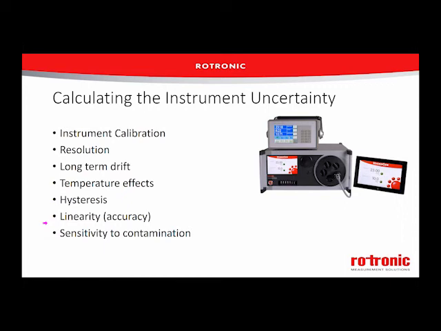Linearity of the instrument may come into play, and quite often linearity gets included in an accuracy specification. So a manufacturer will say, well, an instrument has an accuracy of 0.8%, and all that's saying is it's limiting the error between the reference and the instrument to that 0.8%. So essentially our linearity over all points is that.